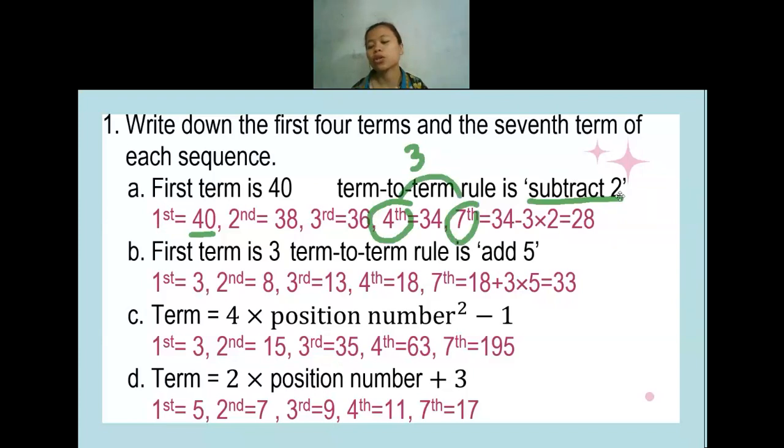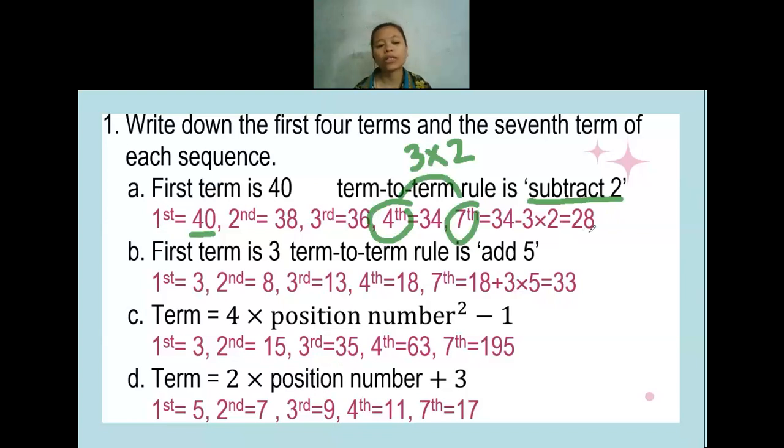The rule is subtract 2, so I multiply 3 by 2, which equals 6. Because the rule is subtract 2, the number will be getting smaller. That's why for the 34, I need to subtract 6. The answer is 28 for the 7th term.